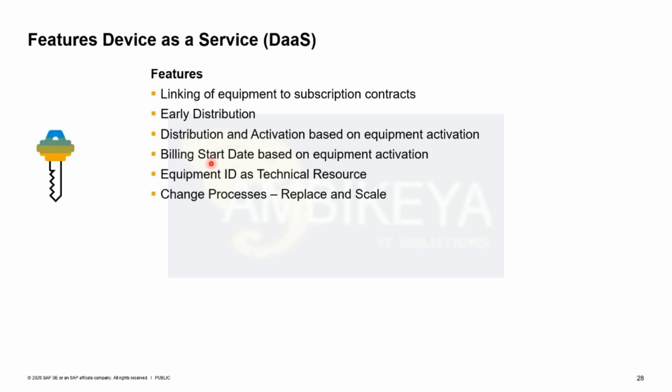So whatever equipment IDs are maintained will be used as a technical resource when CC is relevant. And it is also possible to replace equipment A with equipment B. And if a customer is happy with the devices and wants more devices, he can order more by scaling up the equipment.